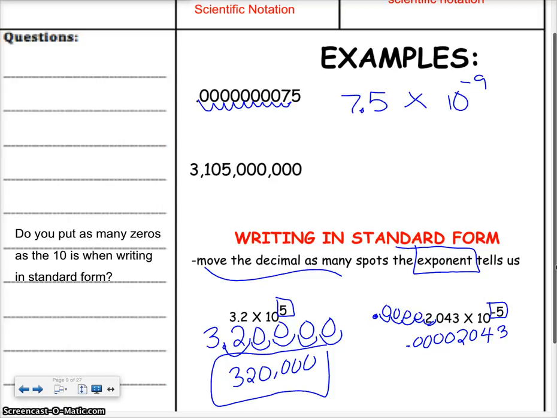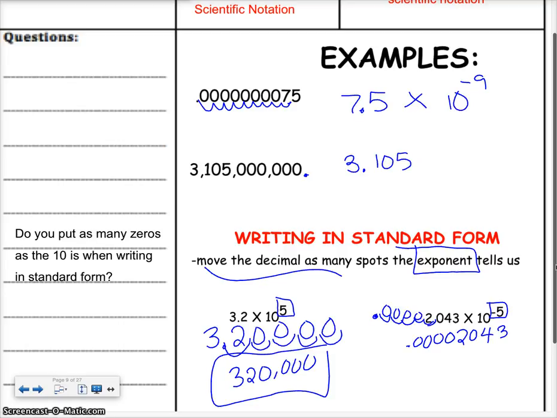So I found my first non-zero digit. I put a decimal right after it. And then I told you write the exponent that gets you back to where you started. So my decimal is really always at the end here. I go to my first non-zero digit, 3. You write all of the numbers down that are not 0 except if it's smushed in between 2 non-zero numbers. 3.105.